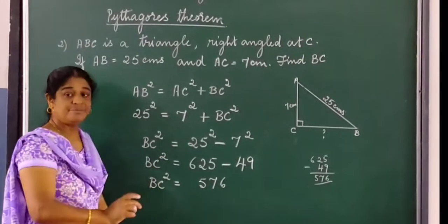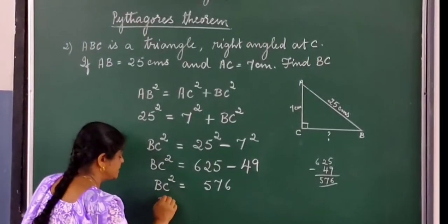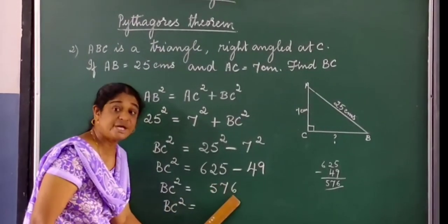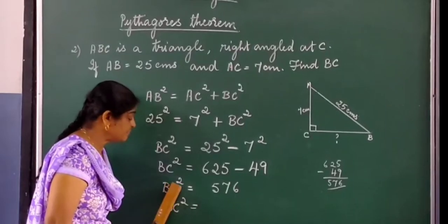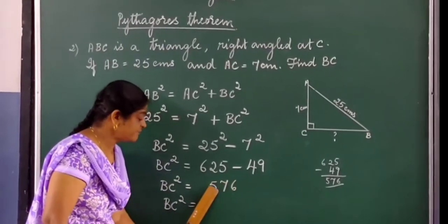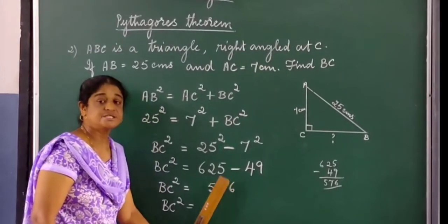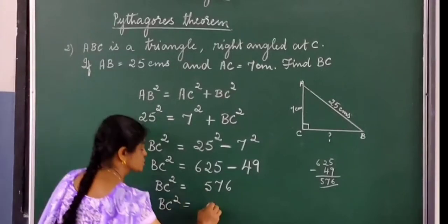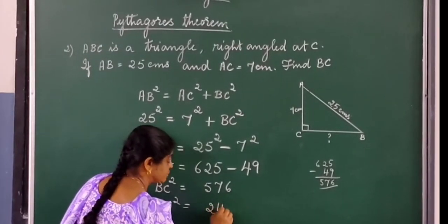So BC square is equal to 576. But you want only BC, isn't it? Now we will write this as a square number. 576 is 24 square, 24 into 24.